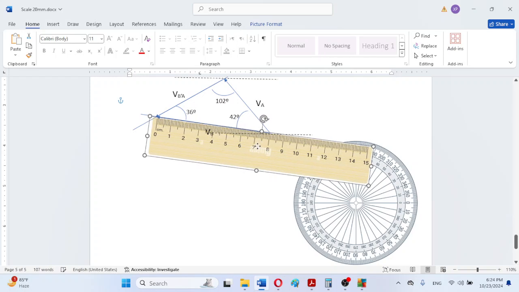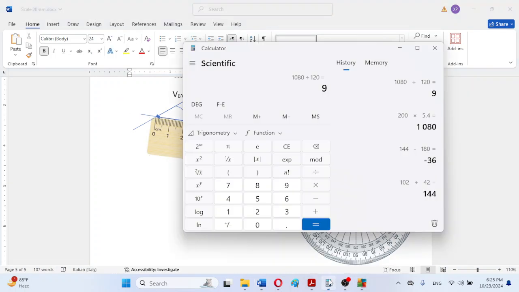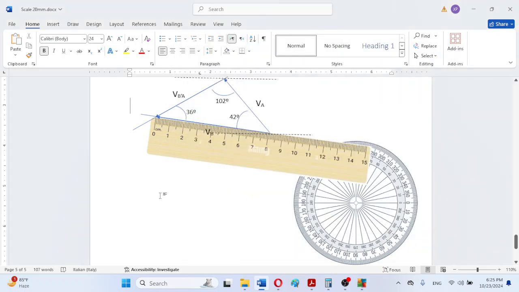Here like this approximately, as you can observe, now we can measure the output velocity VB. This is 1 2 3 4 5 6 7, and by inspection it looks like 8.1 centimeter. So we will be multiplying 8.1 by 200, the scale, and it comes out to be 1620 millimeter per second.